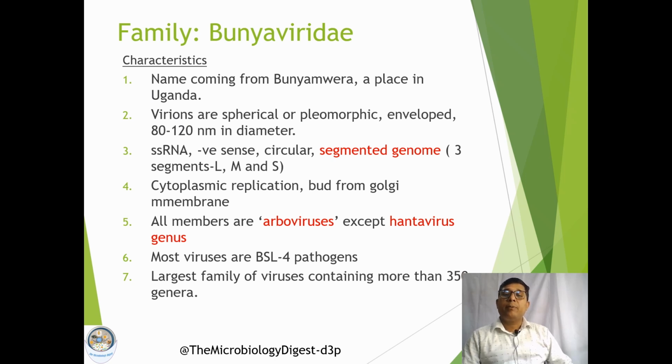All members of this family are arboviruses, except the genus Hantavirus. So all genera are arboviruses, but hantaviruses are not. Majority are BSL-4 pathogens, and this is one of the largest families with more than 350 different viruses.